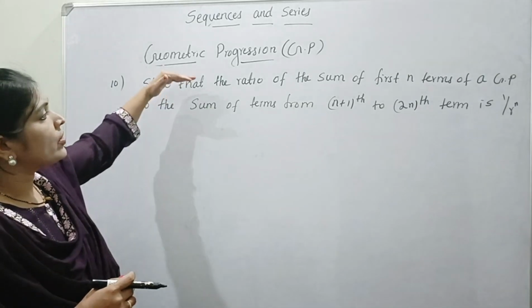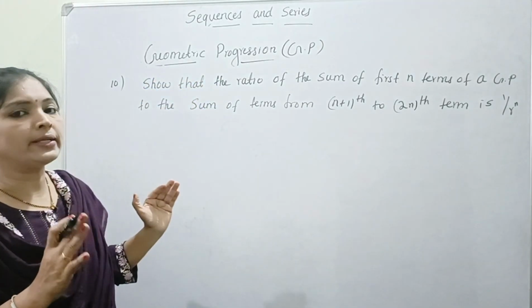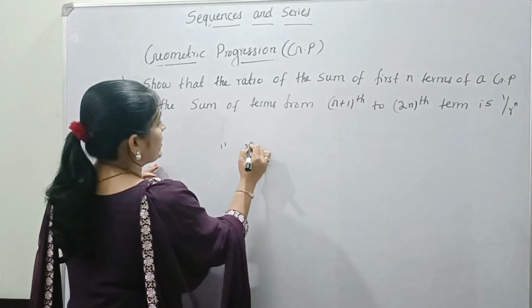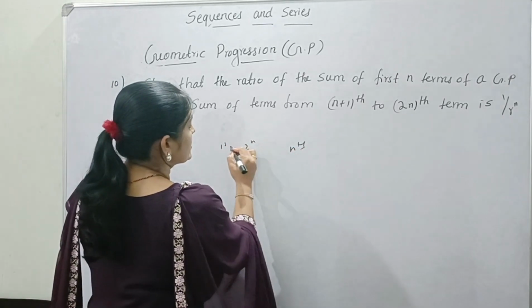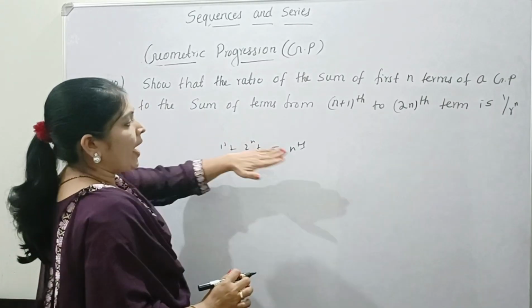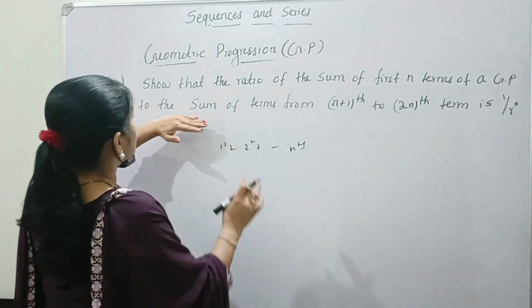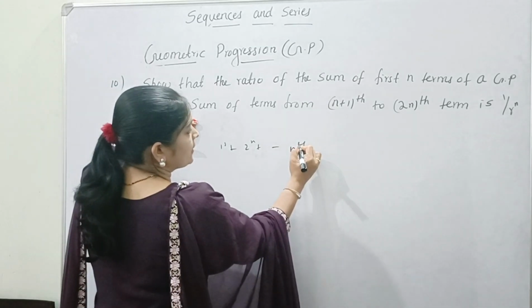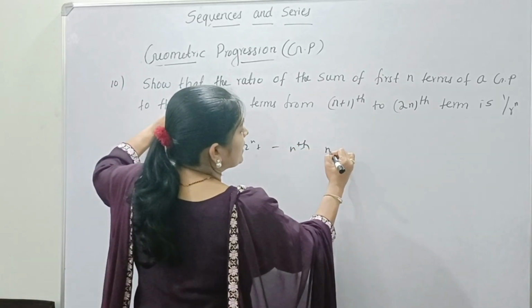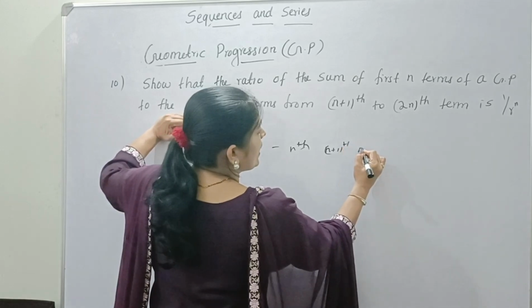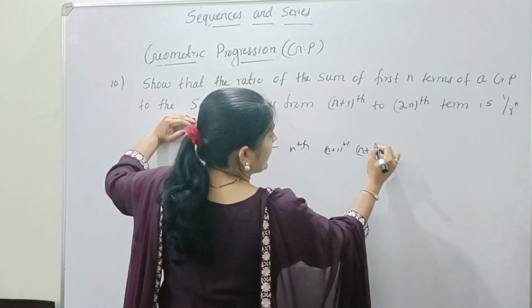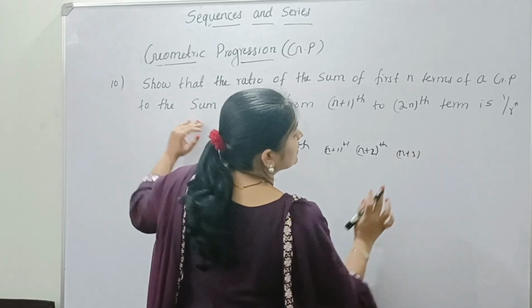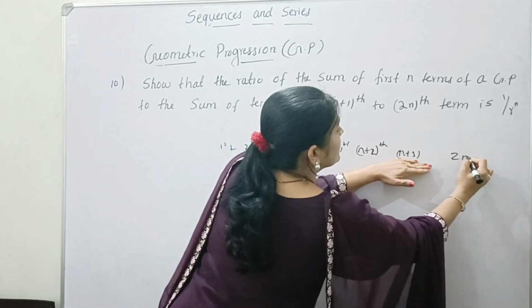The ratio of sum of first n terms, that is first term, second term, up to the nth term, the sum of these terms, and to the sum of terms from n plus 1, n plus 2, n plus 3, up to the 2nth term.